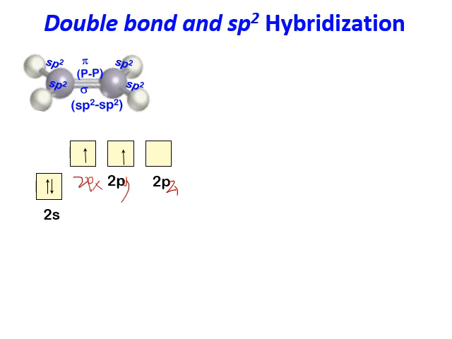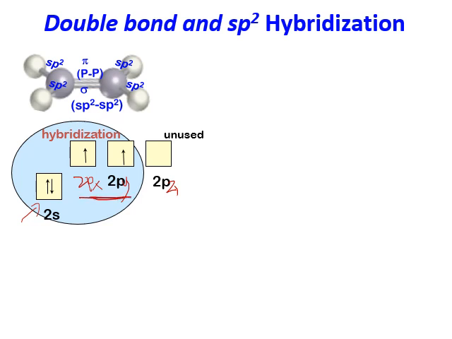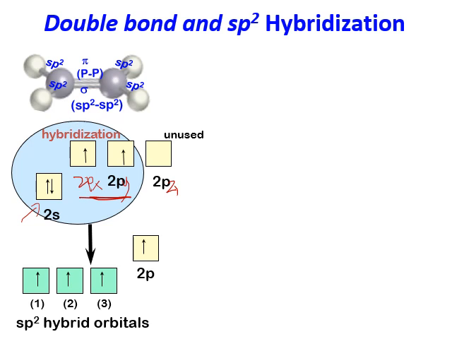Before this atom interacts with other atoms, it first hybridizes. That means the s orbital and two of the p orbitals mix and form three equivalent orbitals. And that's why it's called sp2 hybridization.